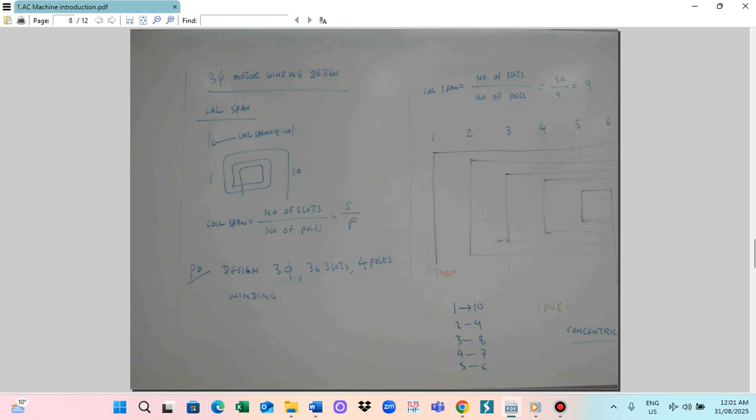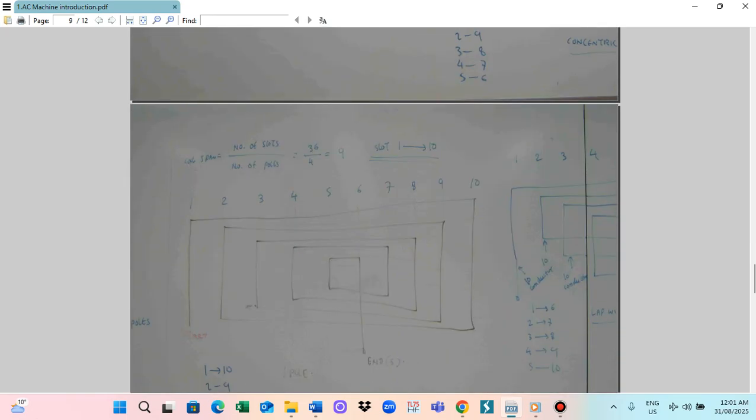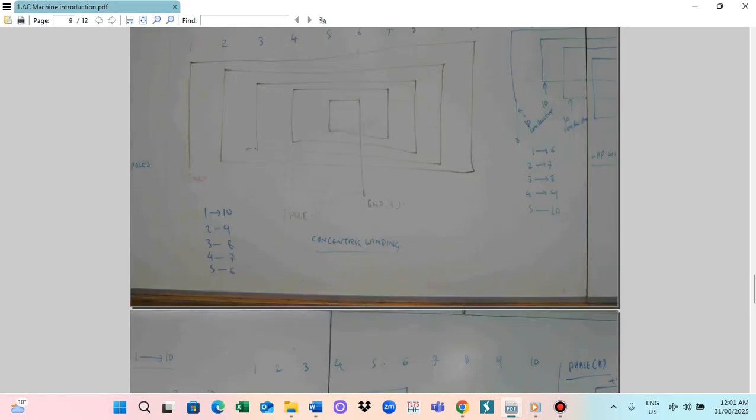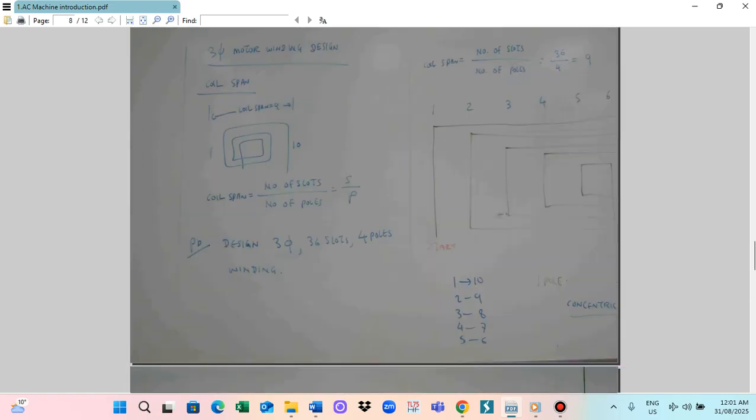Now, how many coils are there per phase? We also need to calculate that. So the coil span is 9. Now we want to allocate how to wind this winding. We start from slot 1, 2, 3, 4, 5, 6, 7, 8, 9, 10.